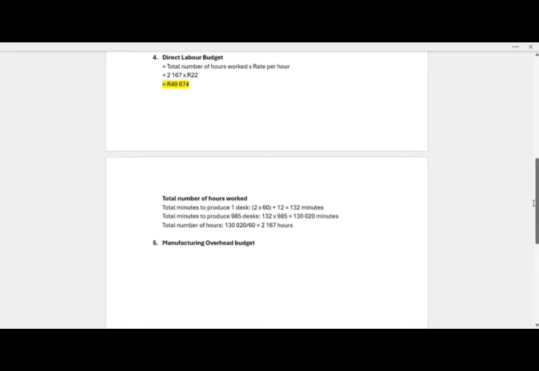Now let's go to the next budget, which is the last budget to do.